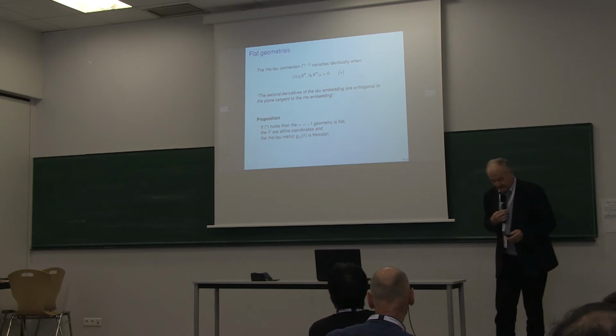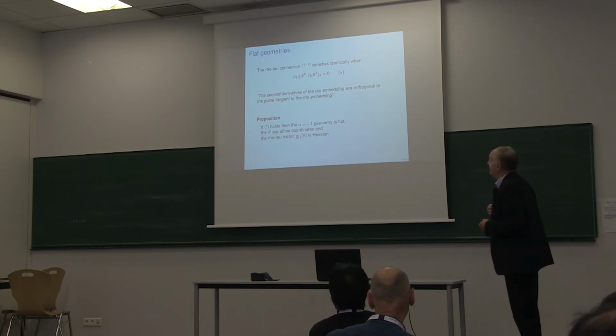Now shortly something about flat geometries. It's some calculation to see that the minus one rho tau connection will be identically zero if, and now I use my notation of tangent plane, if the second derivative is orthogonal to the tangent plane itself.